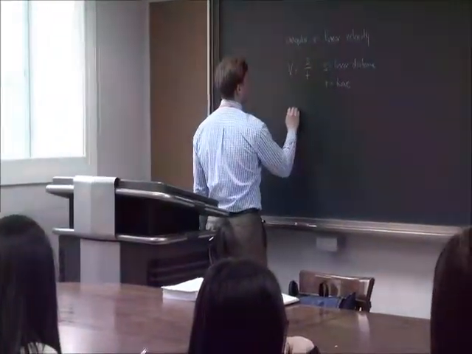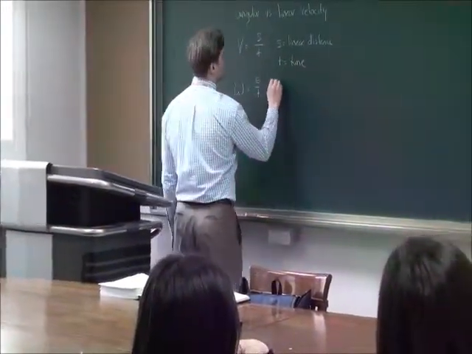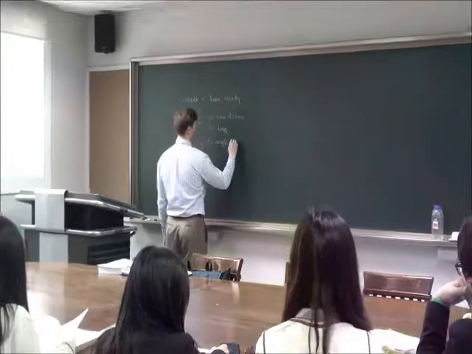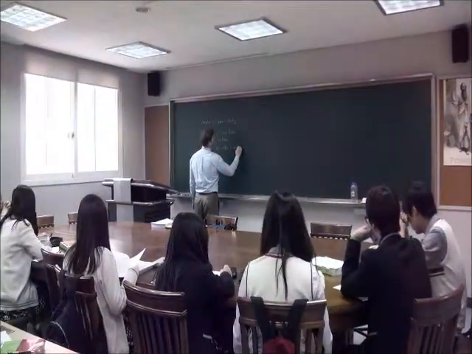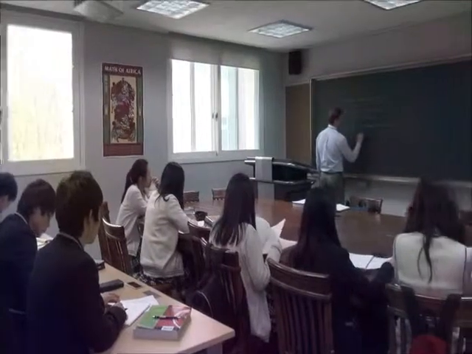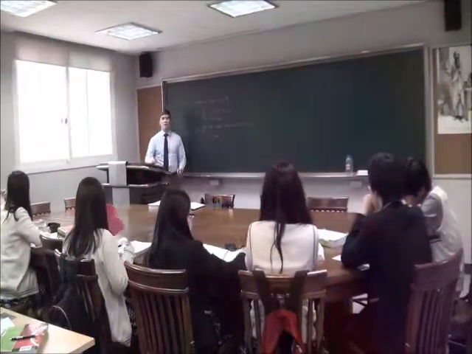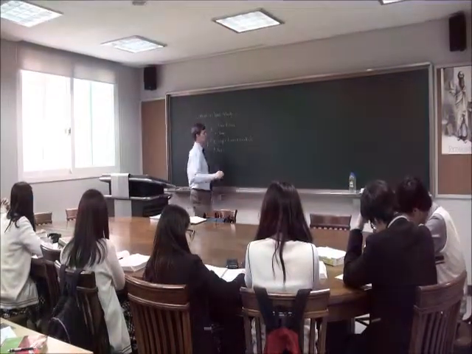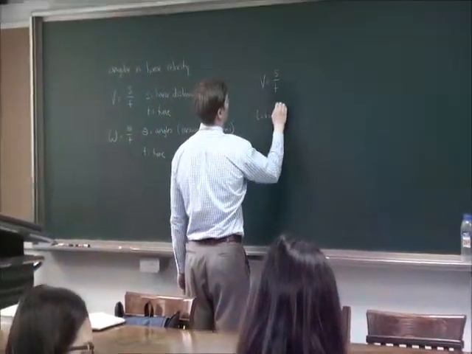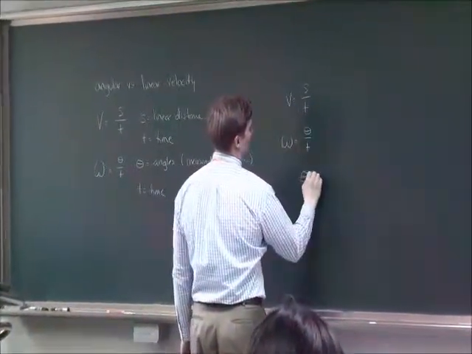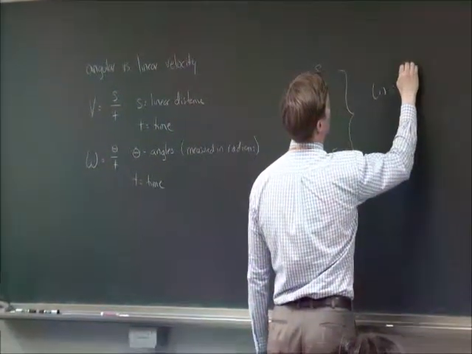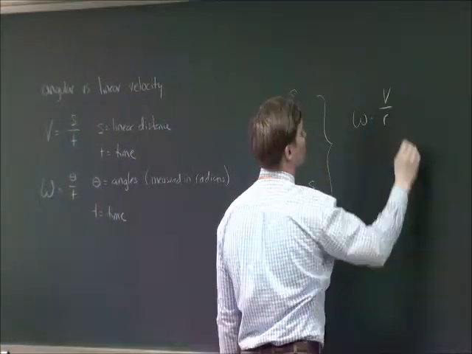And it's represented by the W. So the connection between these two is a set: angular velocity is equal to linear velocity divided by radius length.